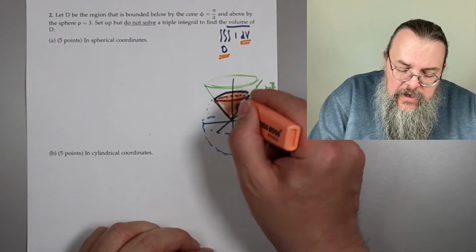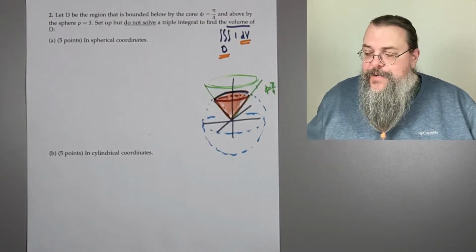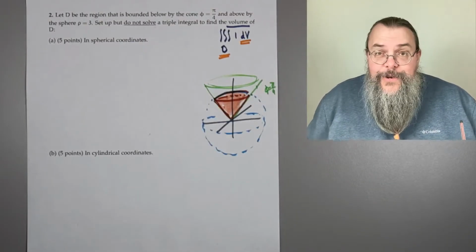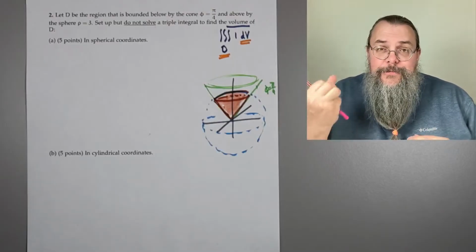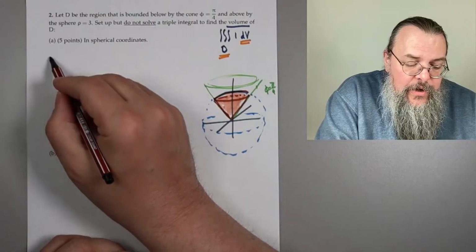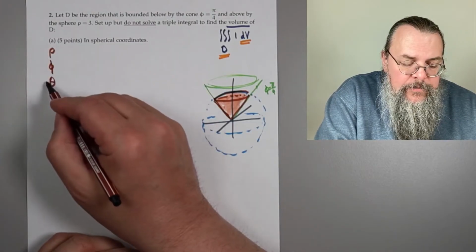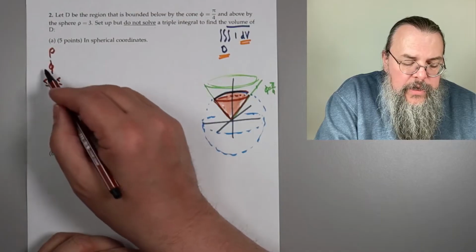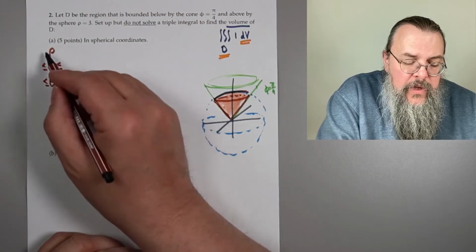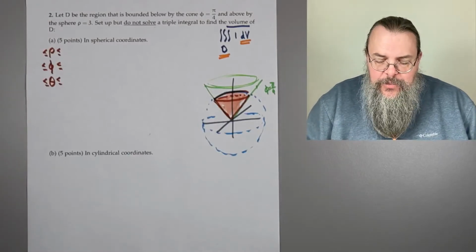Now we have to start thinking, how do we describe this? Let's talk about our coordinate system, spherical coordinates. We have 3 things: our rho, our phi, and our theta. And where are they going between? We'll do theta first, because theta is pretty simple here.